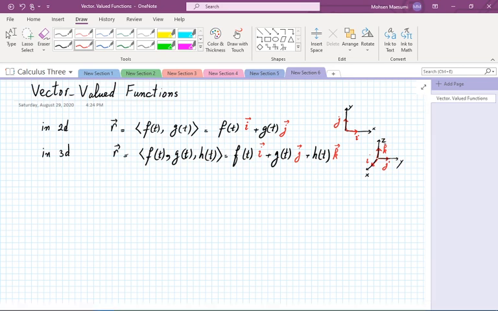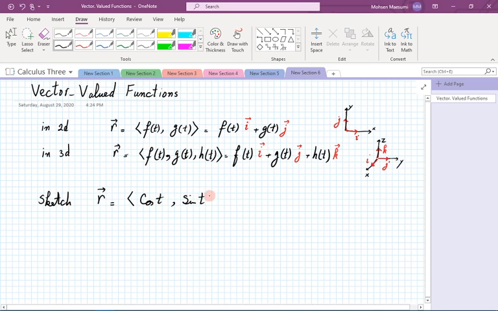The best way to learn this is to practice a few examples. So let's start with a basic case. Suppose we are asked to sketch a curve given by r equals cosine of t and sine of t.